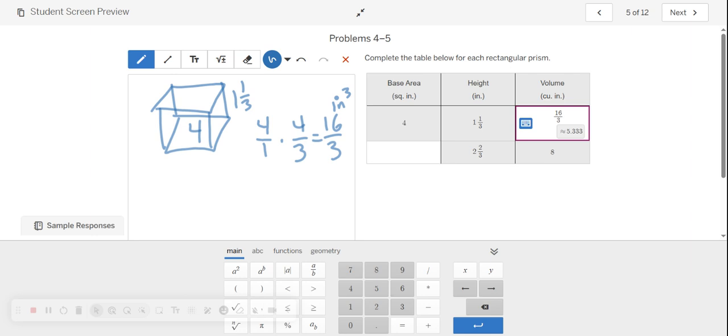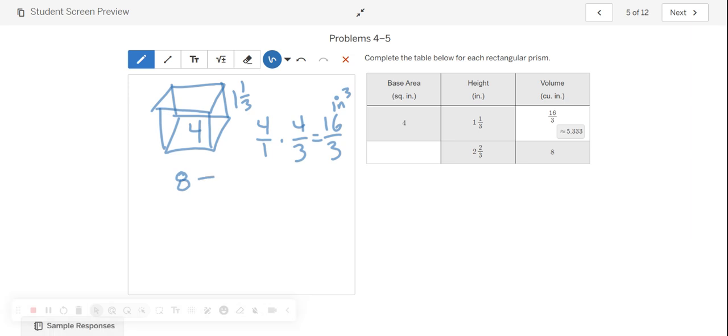The next one, though, is a division problem, finally. So you've got a shape, and you know the height, and you know the volume. So to figure out the base area, you're going to do 8 divided by 2 and 2/3. Step 1, I'm going to turn these into fractions. 8 over 1 divided by 8 over 3.